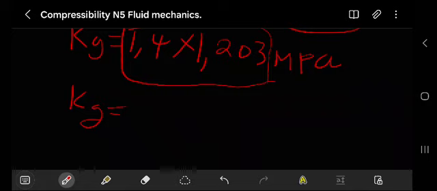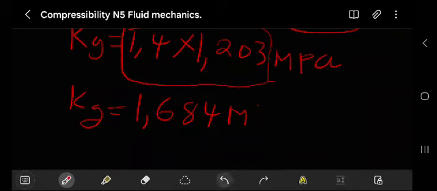It's 1.68, 1.4 times 1.203. This is 1.68. Round this to 3 decimal places. Then I maintain that megapascal there.